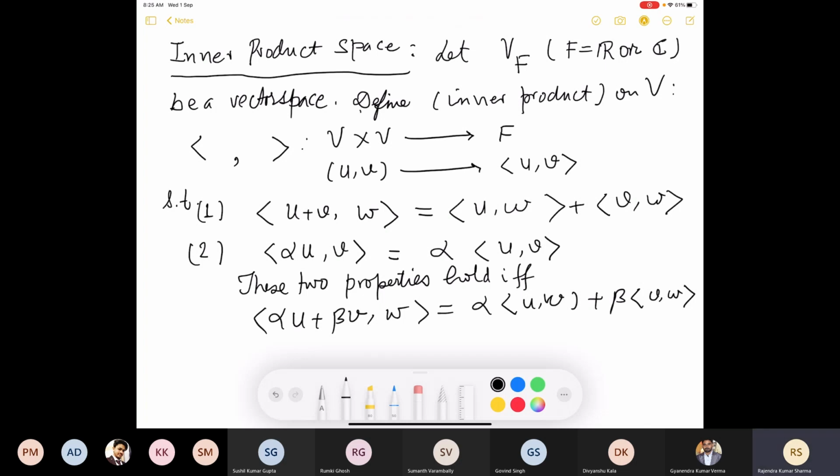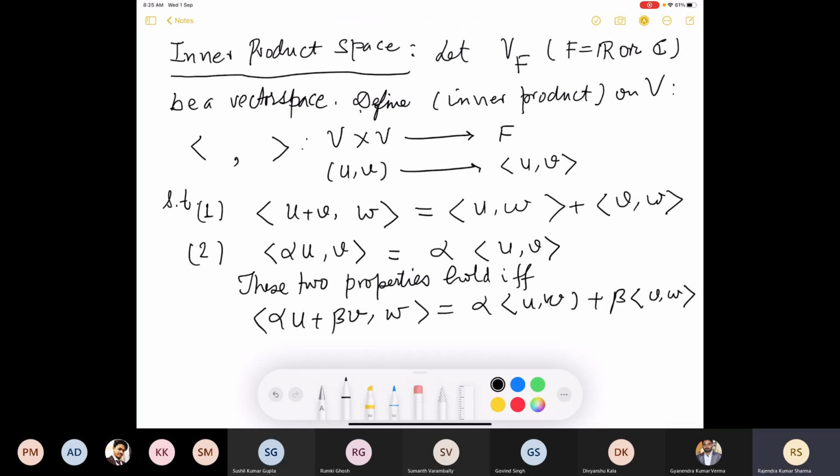Conversely, if 1 and 2 hold, then this can be seen to hold, because if u is a vector, then alpha u is also a vector. In the same way, beta v is also a vector. So you can call this new u1 and this new v1. So this is u1 plus v1 comma w. That will be u1 comma w plus v1 comma w. Then put for u1 as alpha u, so that becomes alpha times u comma w.